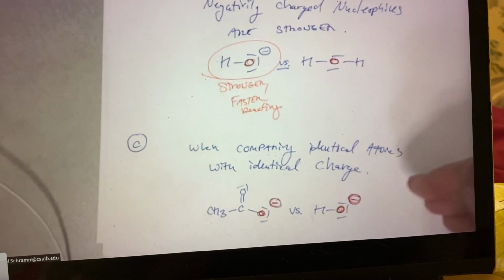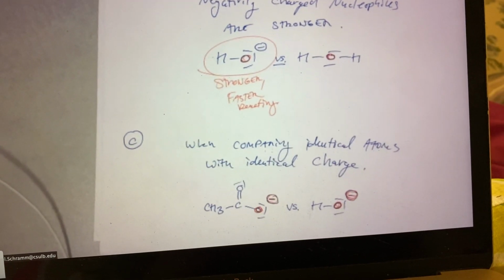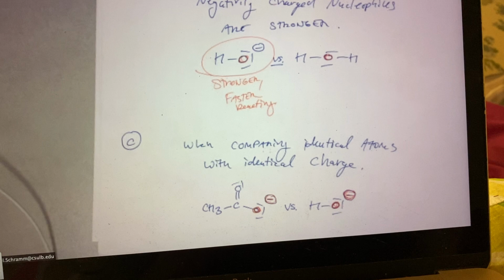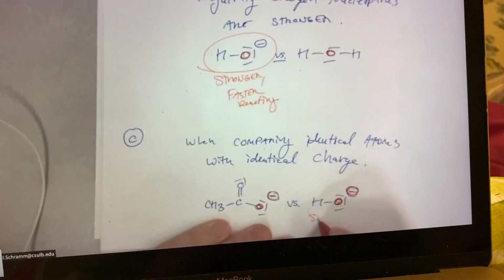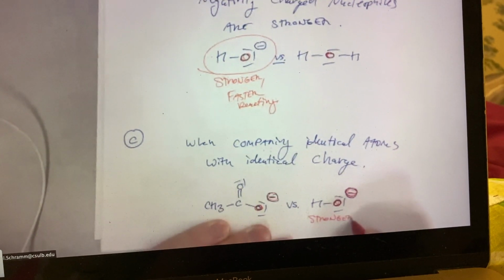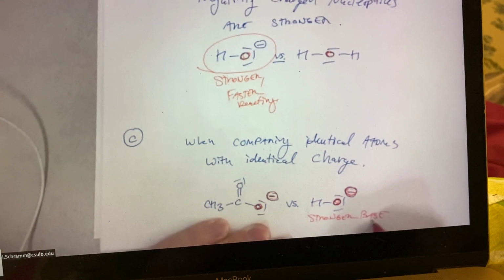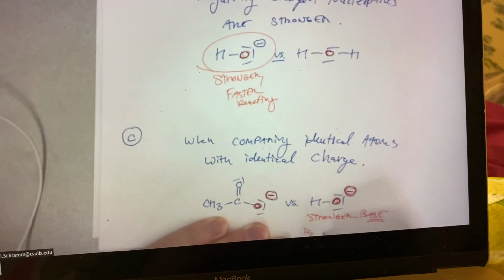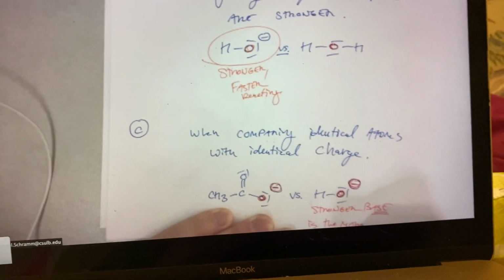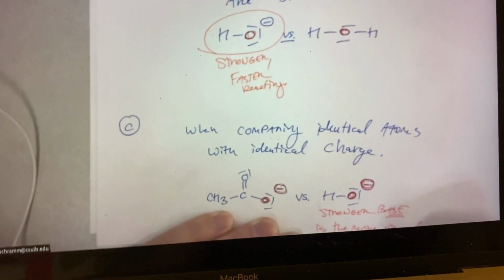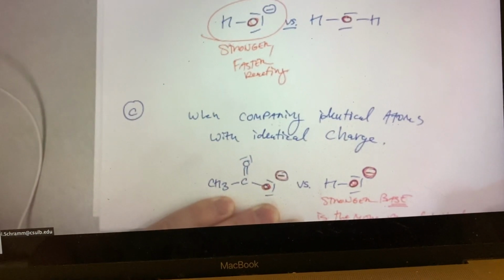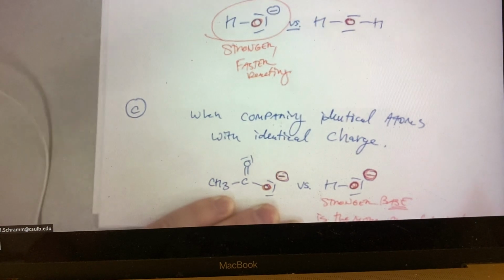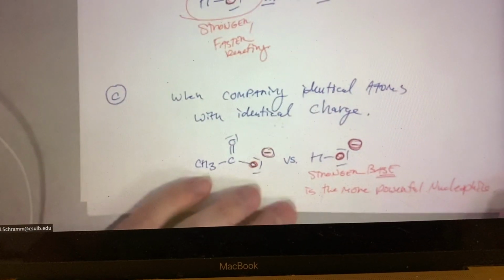So when we get down to this type of comparison, which will be the more powerful nucleophile, the stronger base is the more powerful nucleophile. But be very, very careful.